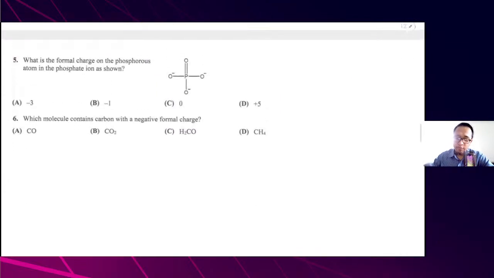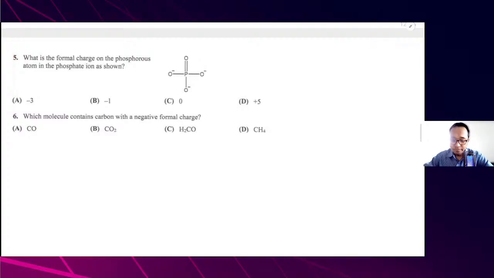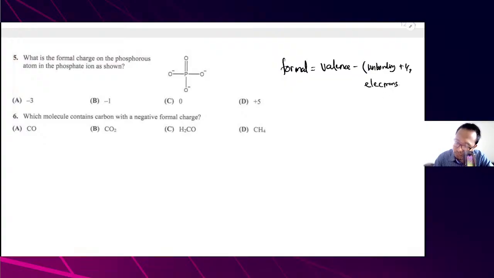Now let's move on to number 5. What's the formal charge on the phosphorus atom in the phosphate ion as shown below? As I mentioned, the formal charge is valence minus nonbonding, plus half the bonding electrons.